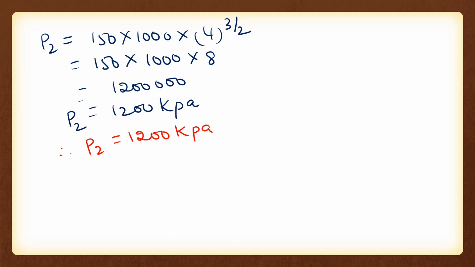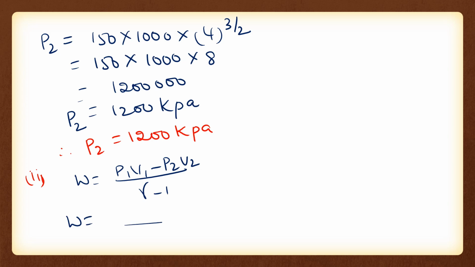And then we are calculating the work done by the gas in this process. W is equal to, we are writing the formula, W is equal to P1 V1 minus P2 V2 by gamma minus 1.